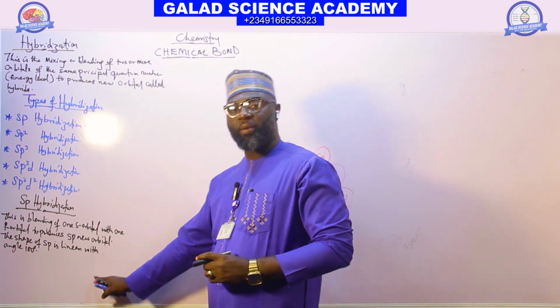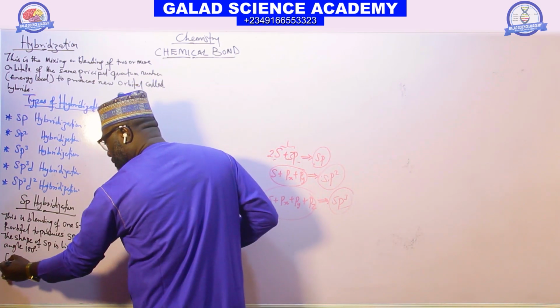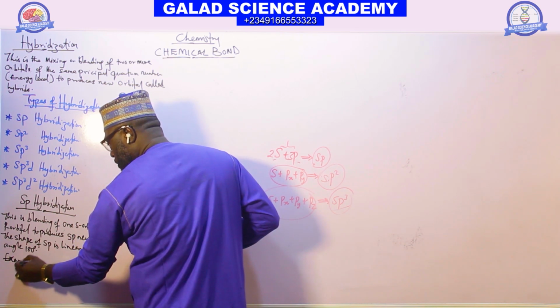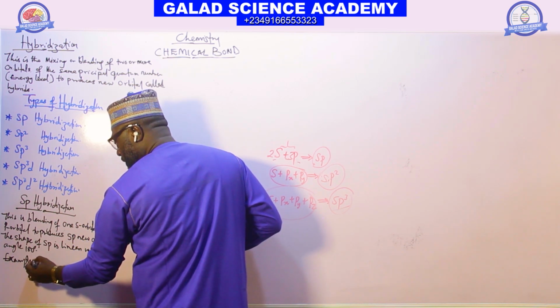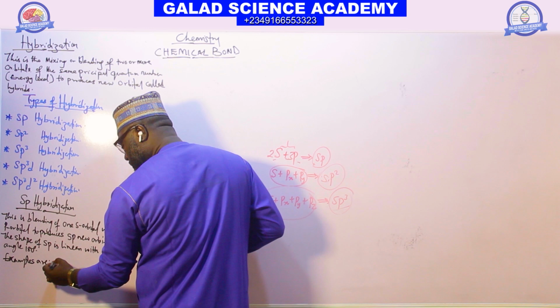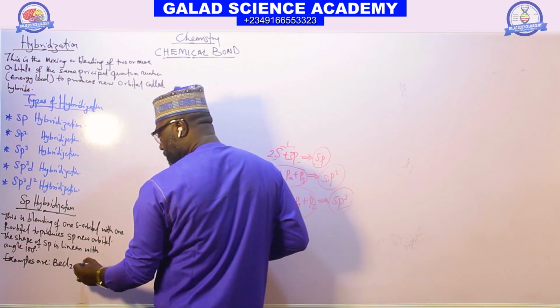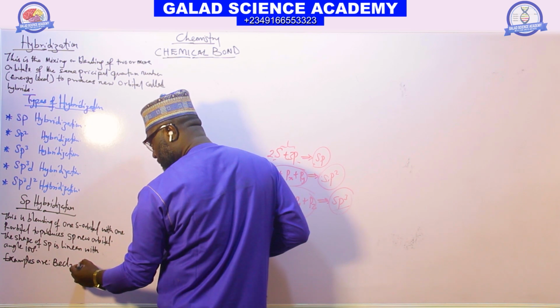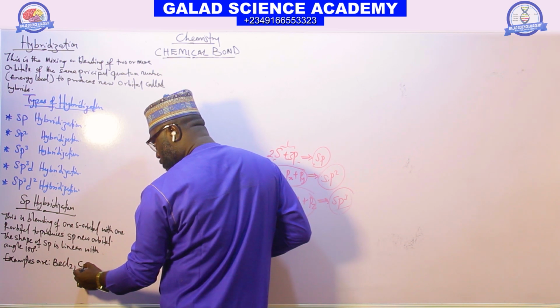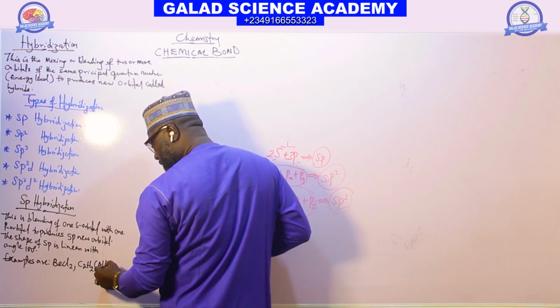And this sp hybridization can be found in examples of molecules which undergo it. Examples we have are BCl2, and C2H2.